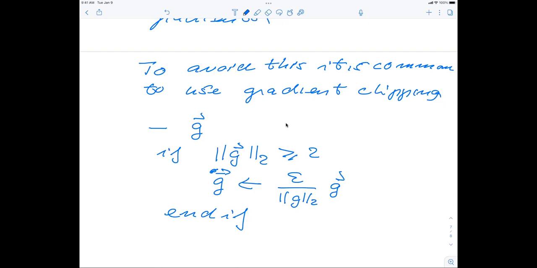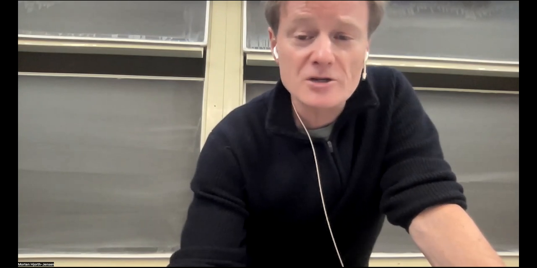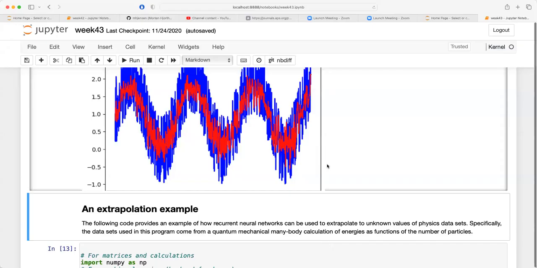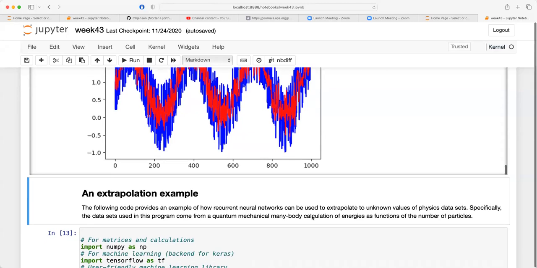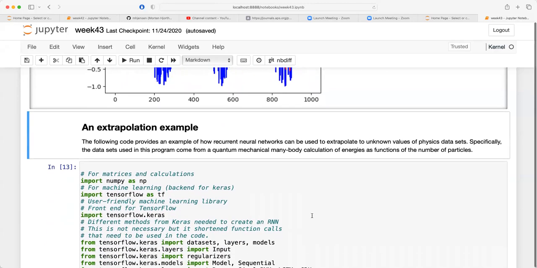Okay, so one of the things I also wanted to say a little bit about before we conclude is to show you some examples of how you can use these recurrent neural networks. I've mainly been working on topics like extrapolation and solutions of differential equations. Here is an extrapolation example.